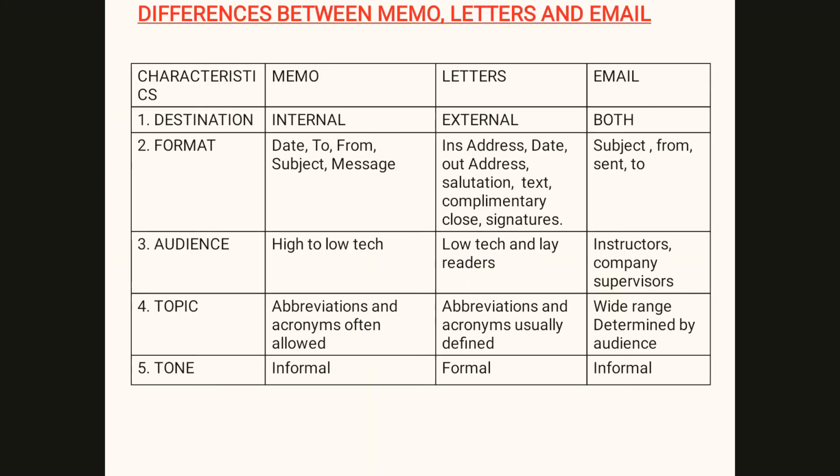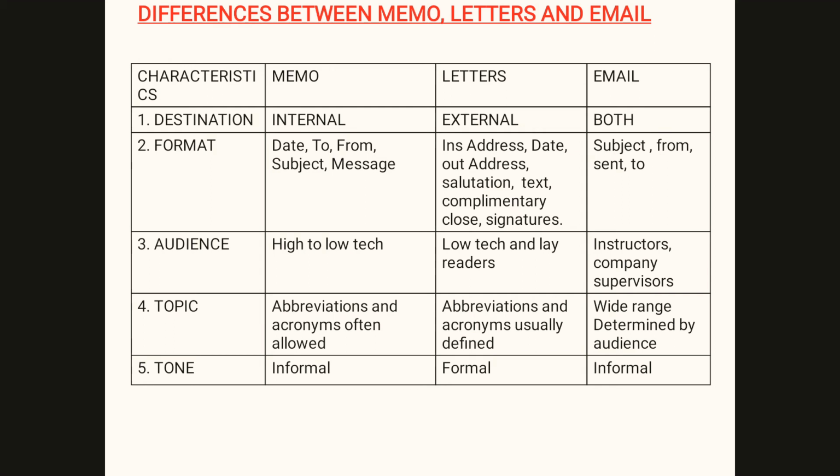Now next, going towards the differences between memos, letters, and email. So characteristics. Designation: a memo is for internal use within an organization, letters are for external, and email is for both internal as well as external.